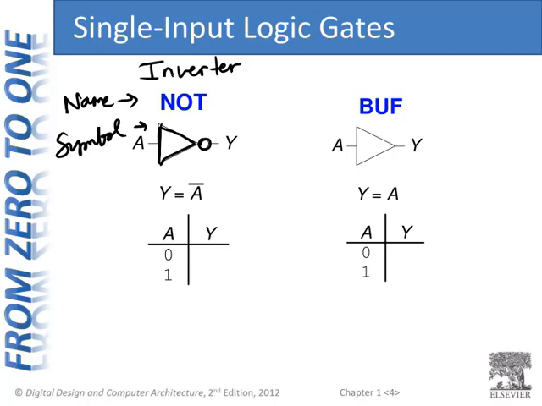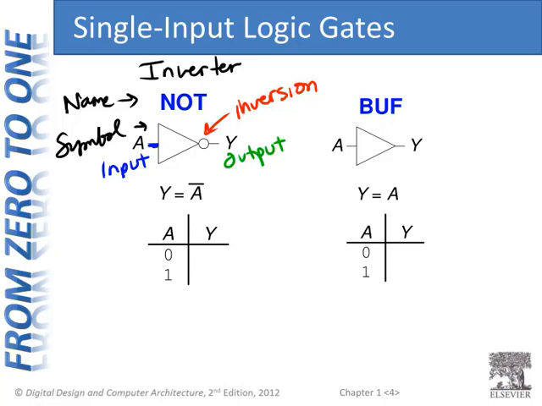The bubble indicates inversion. And it has an input, or input A, on the left, and the output Y on the right. So typically in digital logic, inputs start from the low end of the alphabet, A, B, C, D, E, and outputs from the higher end, W, X, Y, Z, etc.